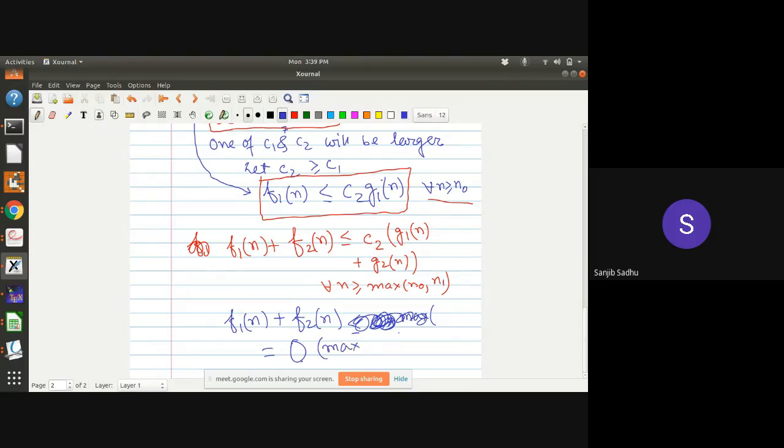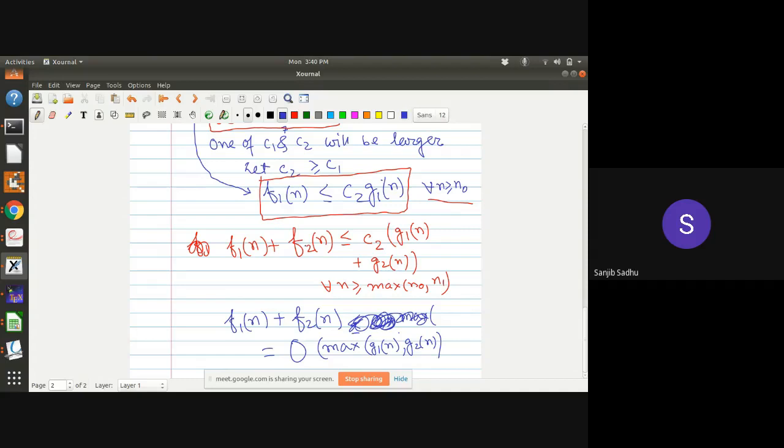If you write the big O, then don't write the constant c. Theoretically, the sum of these two functions is this. This is called the rule of sum.